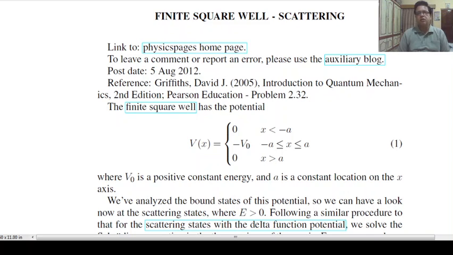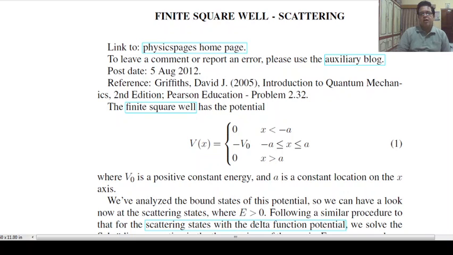The reference is a very famous book, Introduction to Quantum Mechanics, second edition, by D. J. Griffiths. In this book, problem 2.32 is given, and its solution is given on your internet material.